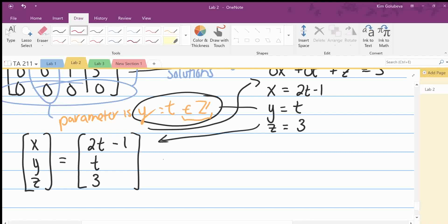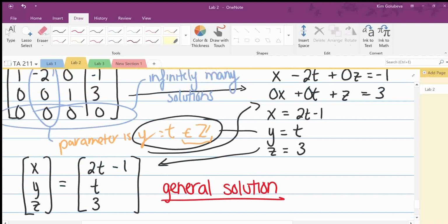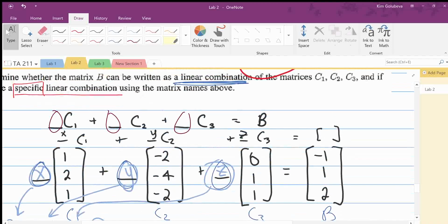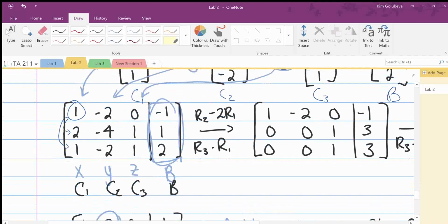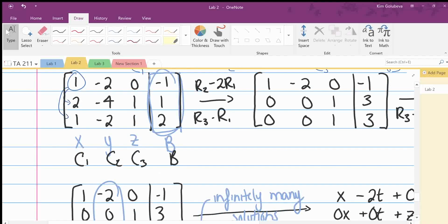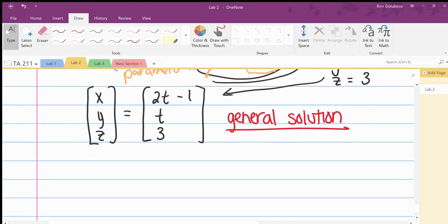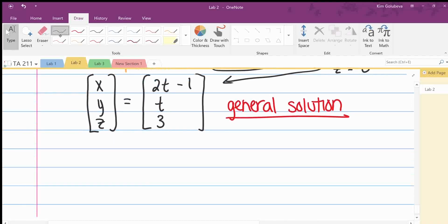So of course this is called the general solution. This is the general solution to our system, okay? So we scroll back up here and we notice it wants us to give a specific linear combination. For a specific linear combination, you can choose t to be anything, and it will just be some sort of multiple of this. So let's say t equals 10.